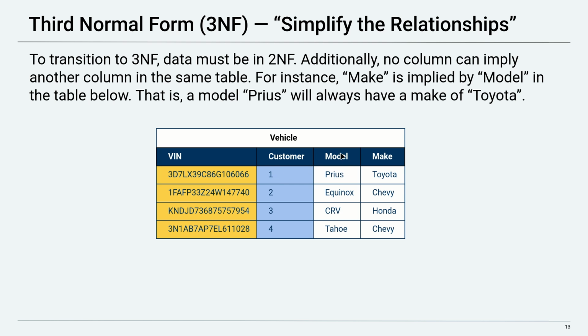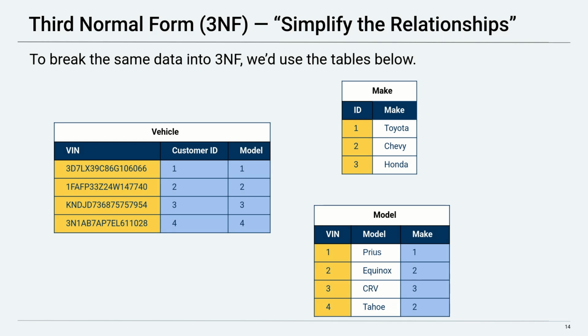Instead of writing down that it has a Prius, which is a Toyota, we can just write down it's a Prius and then look up in another table that every Prius is a Toyota. So Prius is a Toyota, and then this table.